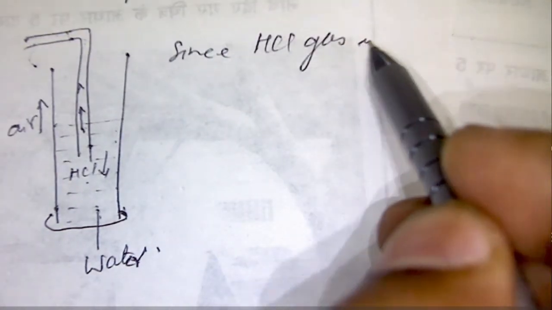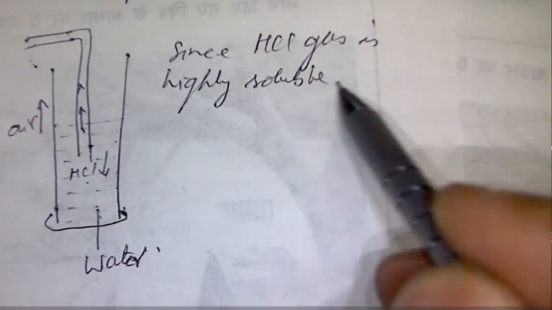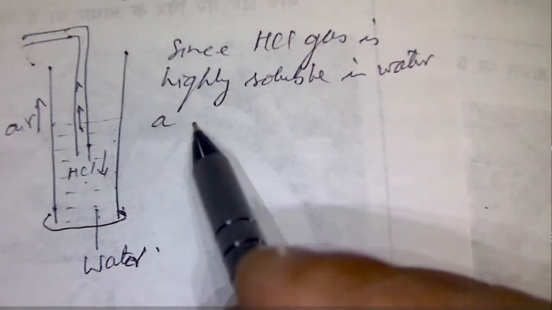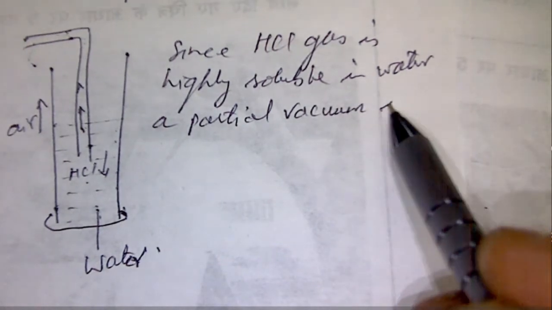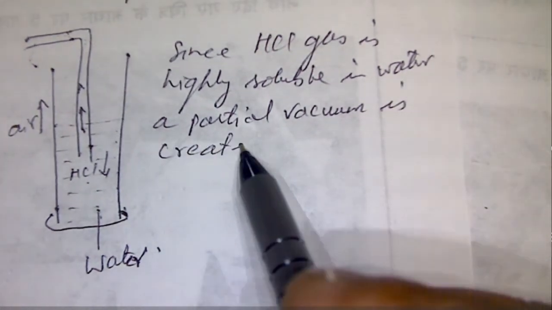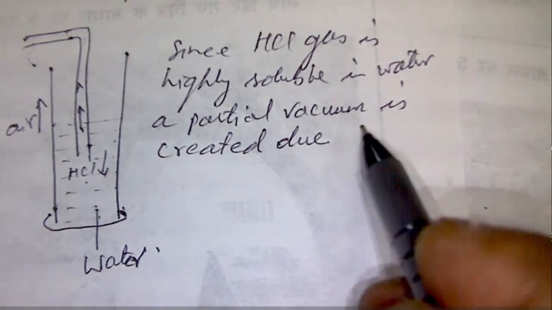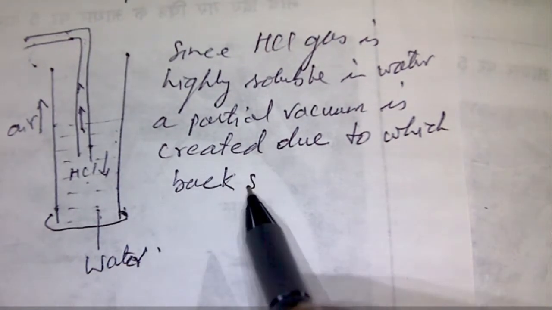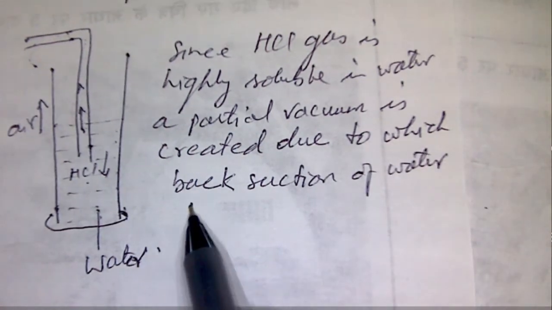Since HCl gas is highly soluble in water, a partial vacuum is created, due to which back suction of water takes place.